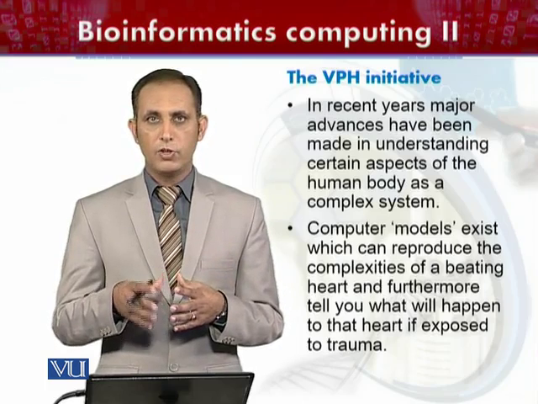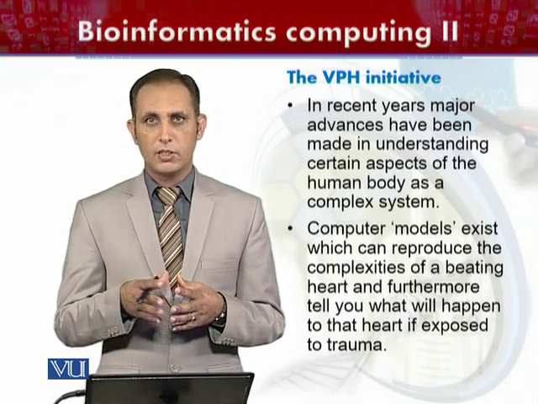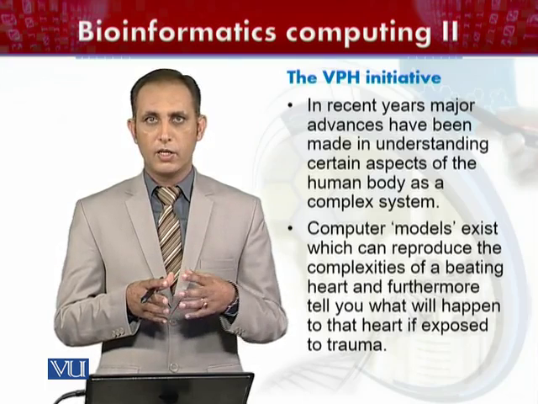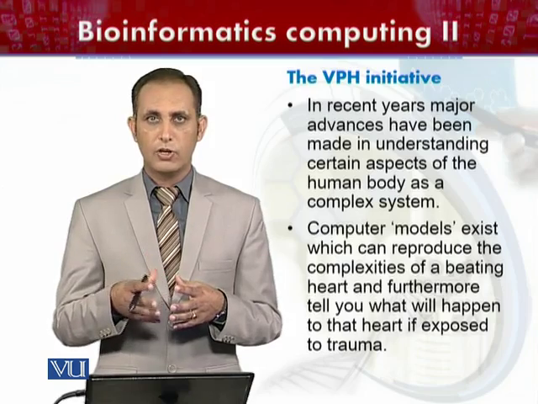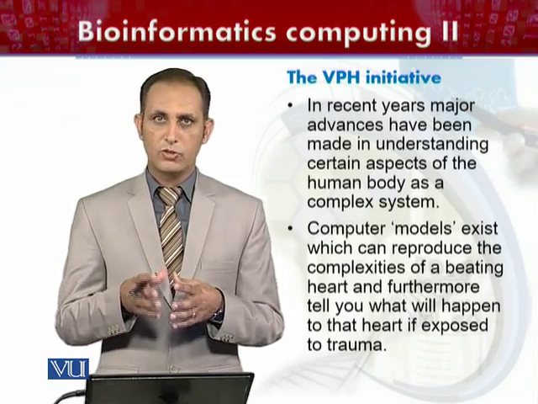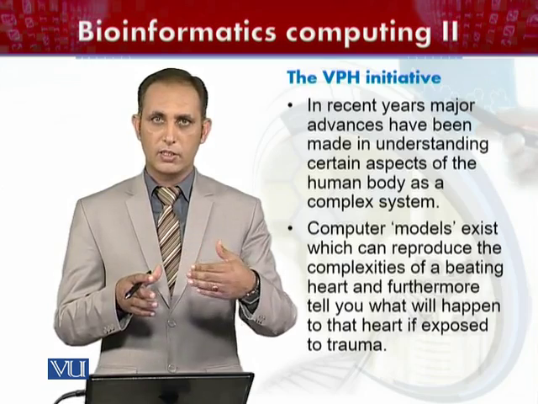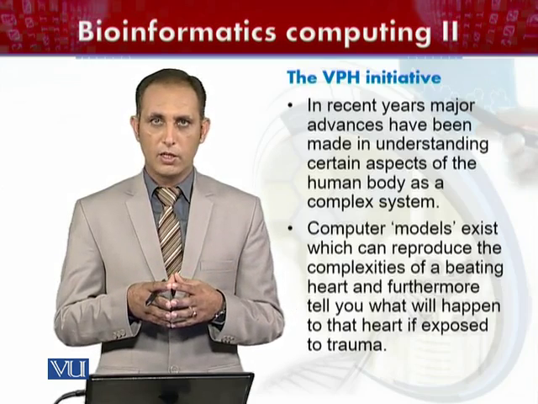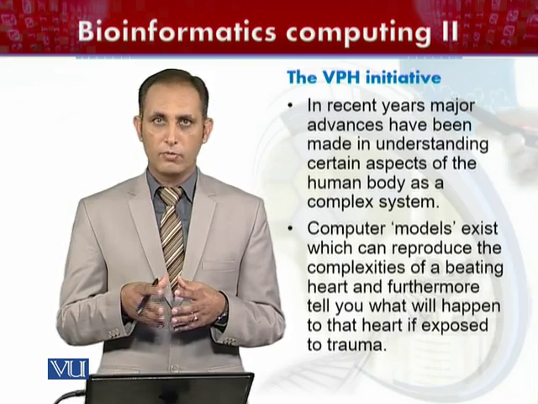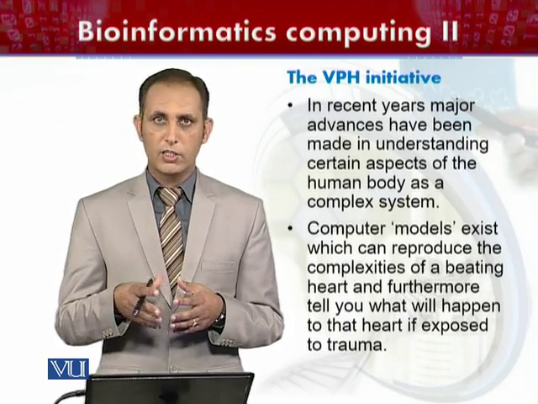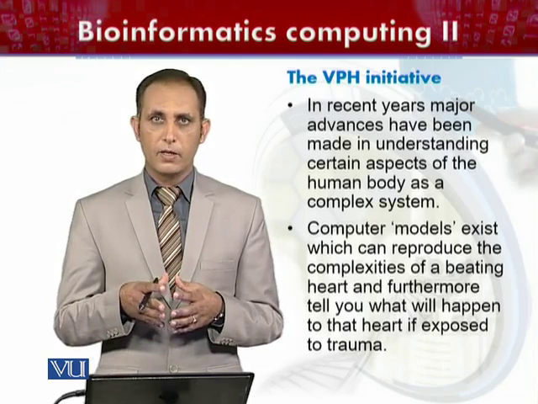For example, we can simulate these cardiovascular models that if a beating heart is exposed to a certain condition, for example a trauma, what will be the consequences of that trauma on that beating heart of a specific individual.